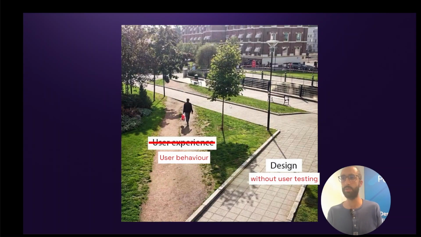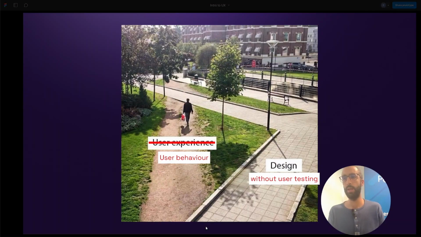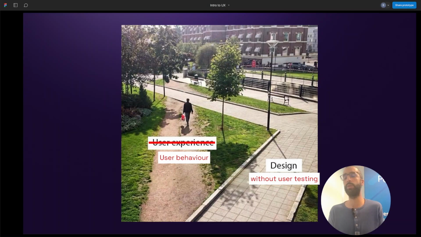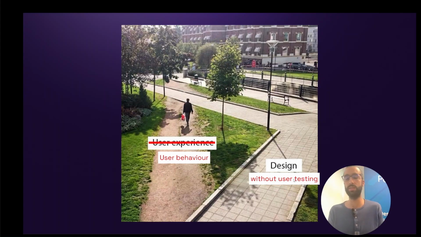So the architects suppose that the user will go from here, and this is the user behavior. So when you don't do user testing, the user behavior can go away from what you have designed, from the things that you have in mind.